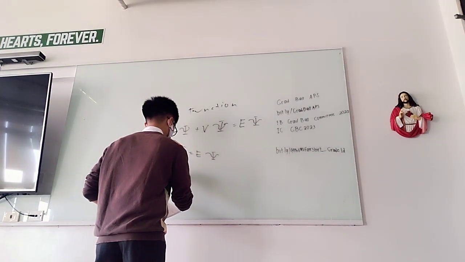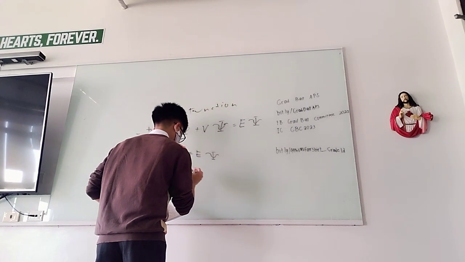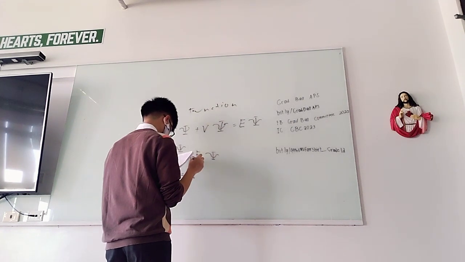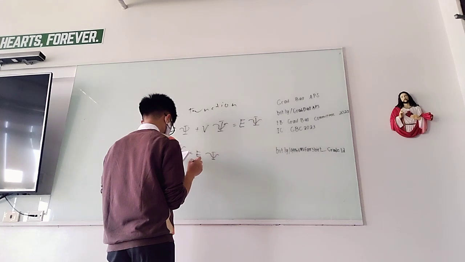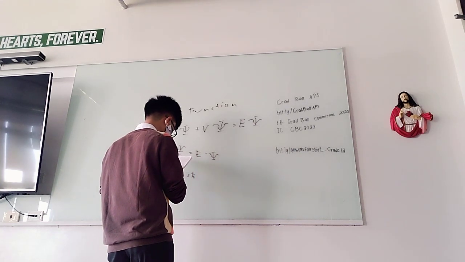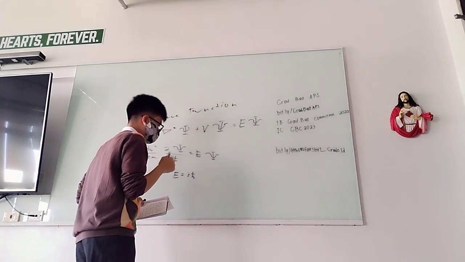So E is equal to i h bar, or just h, Planck's constant. It's actually h bar, the reduced Planck's constant.